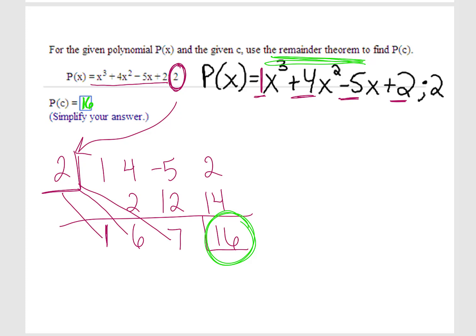I like to look for clue words in questions and just the verbiage of it, because sometimes it can be confusing when you're trying to get all of this information and wrap your head around the words being used, and well, when do I use this approach and when do I use the other? So if you see remainder theorem and you know, okay, now I'm going to use synthetic division, but I'm only worried about my remainder when I'm using the remainder theorem, okay?